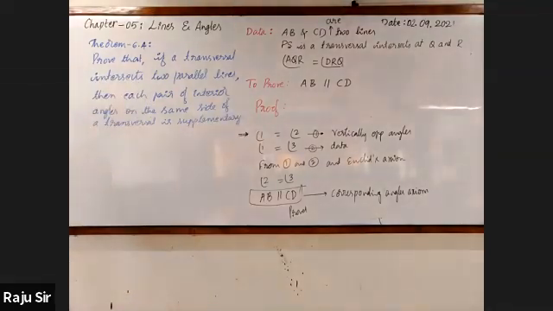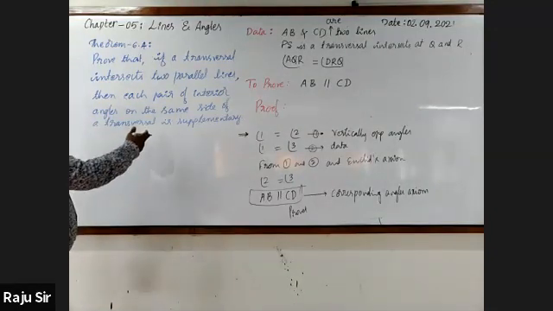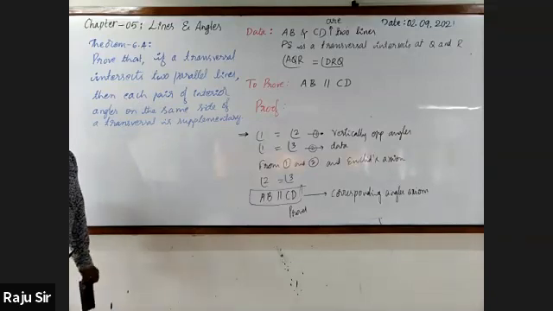So you can directly write: each pair of co-interior angles is supplementary. You can write like that also. Each pair of allied angles is supplementary.